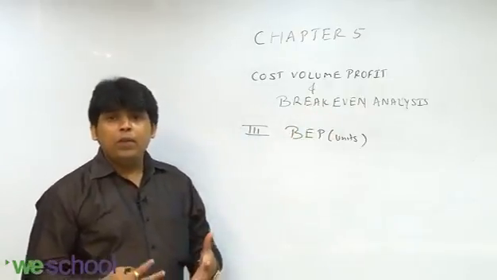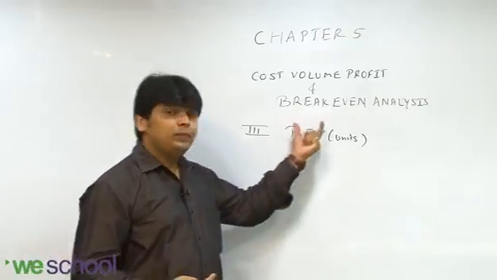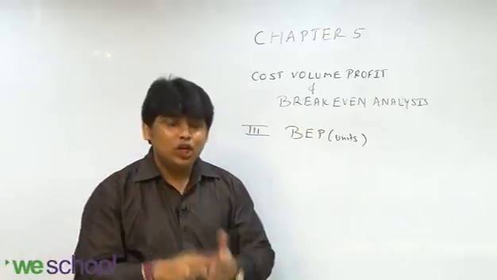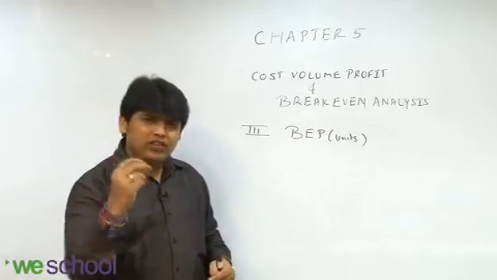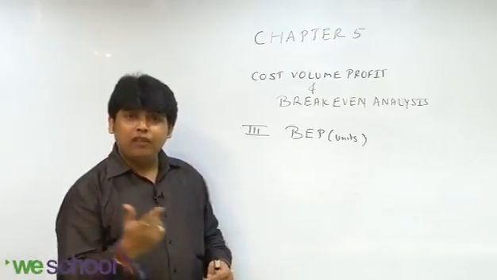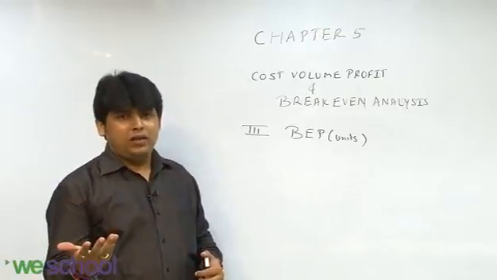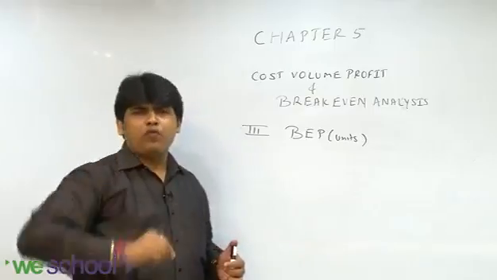Why? Because break-even analysis theory tells the company that at the core business, don't think of much profit. If you are able to cover the cost within one or two months, that makes you sure to go for the new production. But at the core business, they are not making much margin of profit.